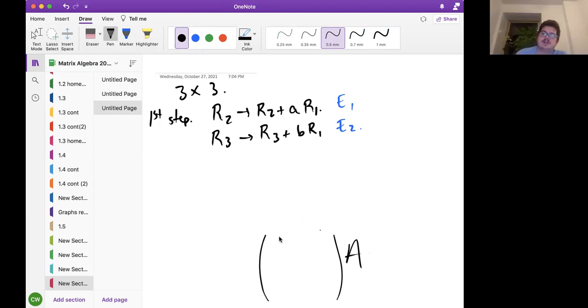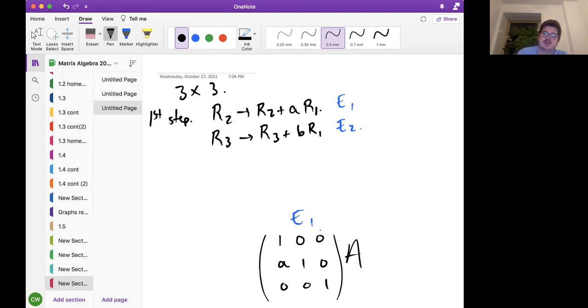Correct, 1 0 0. Only row 2 is changing, right? So the first and the third rows should look like identity. Now what does the second row look like? A 1 0, good.